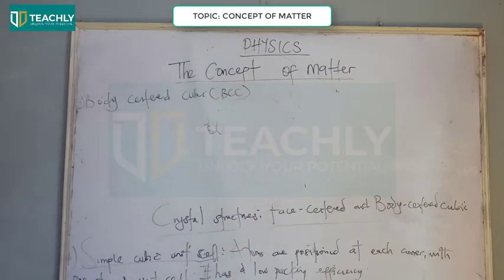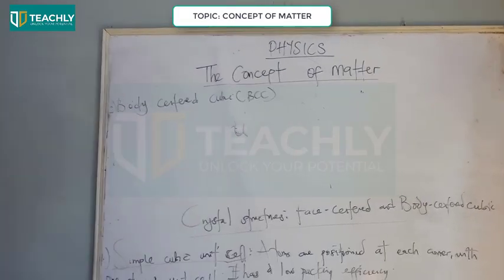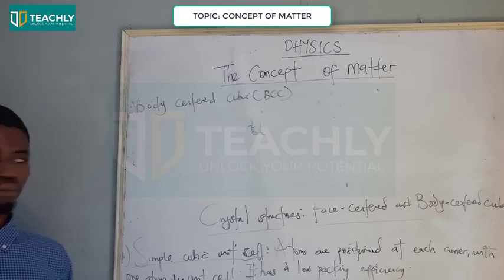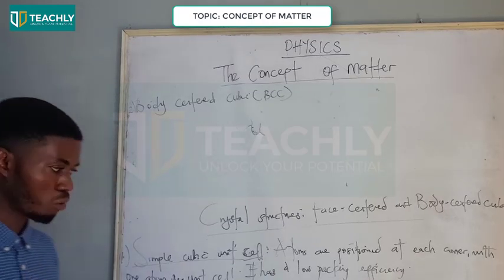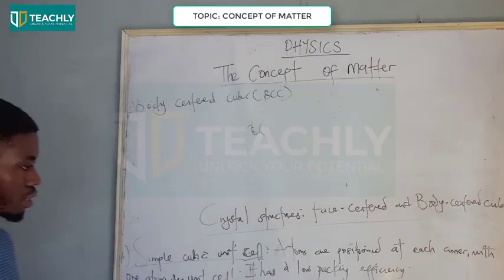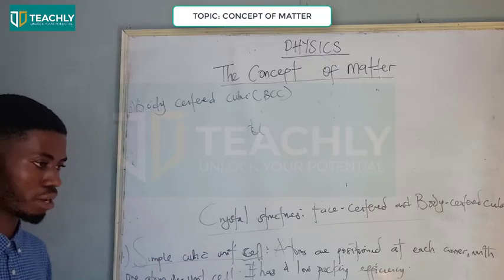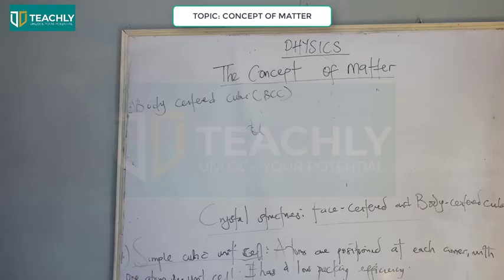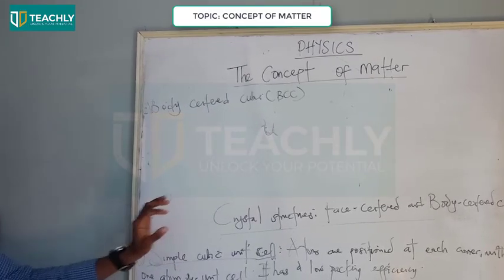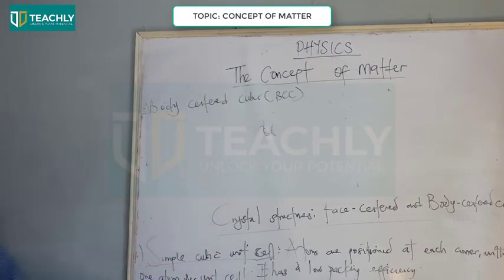Body-centered cube: atoms are located at each corner and one single atom at the center of the cube. That was why I drew a simple cubic unit cell first, for you to understand how this works. Without the body center, it is quite different from this. The difference is just that there is one atom positioned at the center.